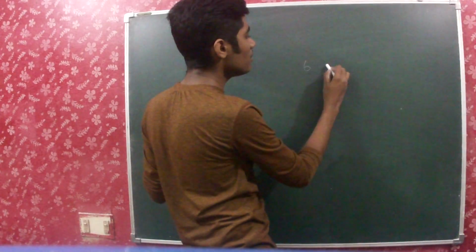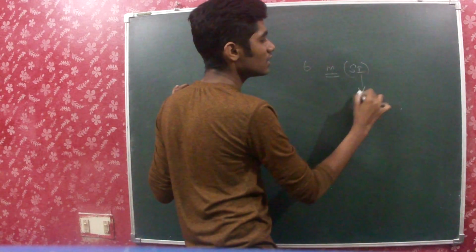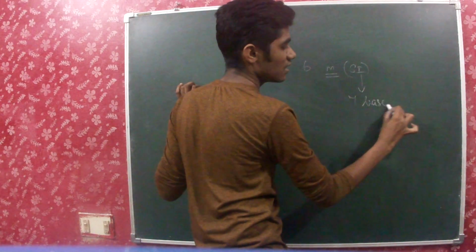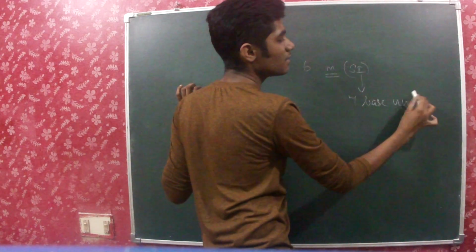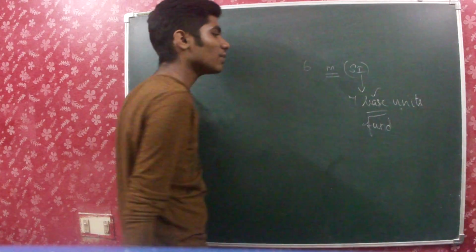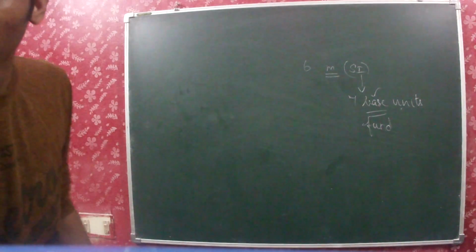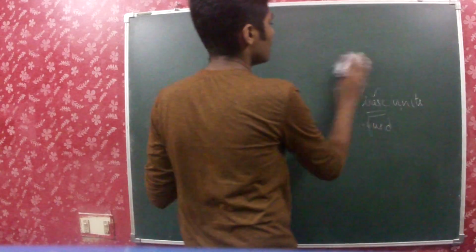So I told you that the quantitative measurement is a number followed by the unit, which is always an SI unit, and the SI system consists of 7 base or fundamental units, from which the other units are derived. So the 7 physical quantities and their units we learn now.